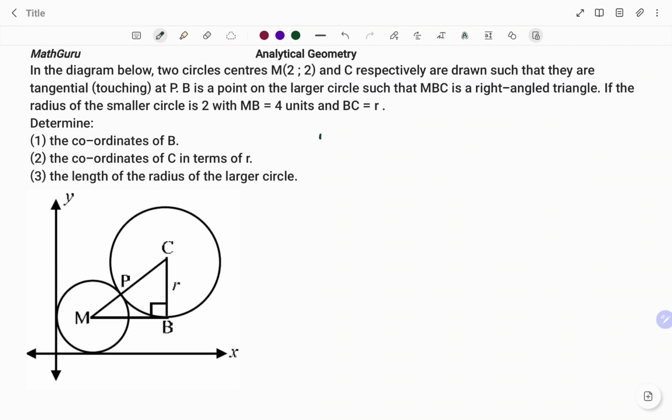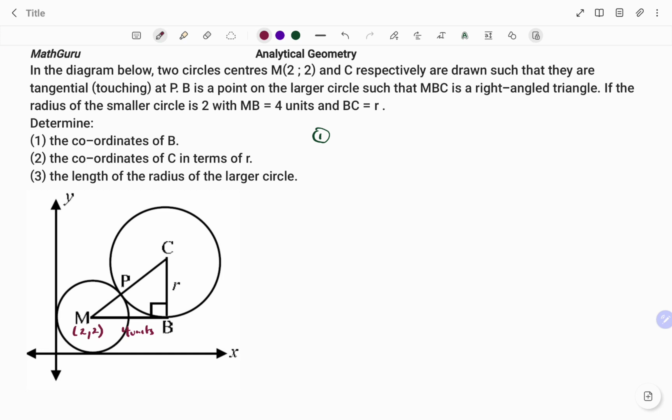Starting with the first part of the question, we are to determine the coordinates of B. From the question, we've been given the coordinates of M as (2, 2), and the distance MB as 4 units.